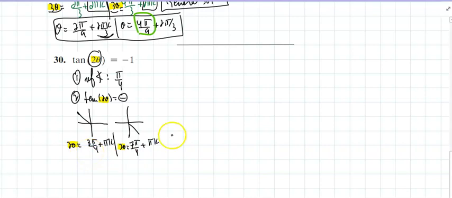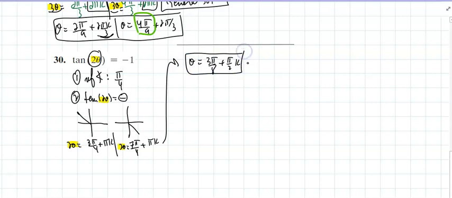And what do you notice will happen? If I multiply by 1/2, I will get theta equal to 3 pi over 8 plus pi over 2 k, and or theta equal to 7 pi over 8 plus pi over 2 k.